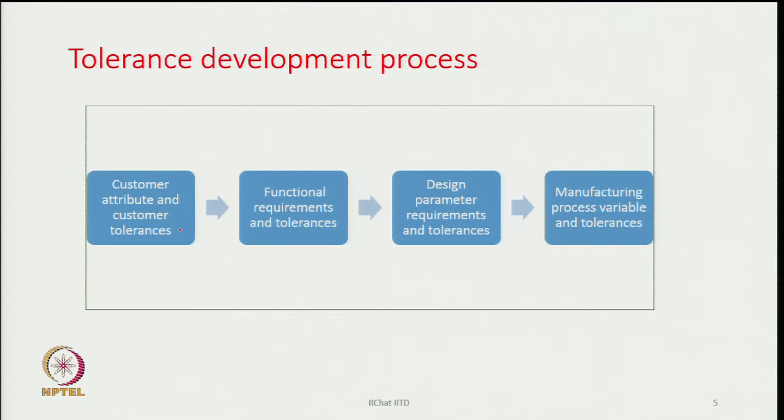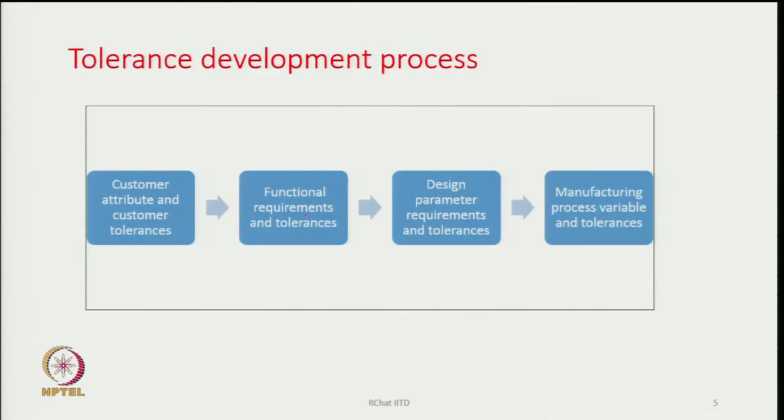So, he or she may not be able to always specify the requirements in scientific language. So, customer statements which may not be very scientific in nature need to be translated into a scientific statement that will satisfy the requirement of the customer.